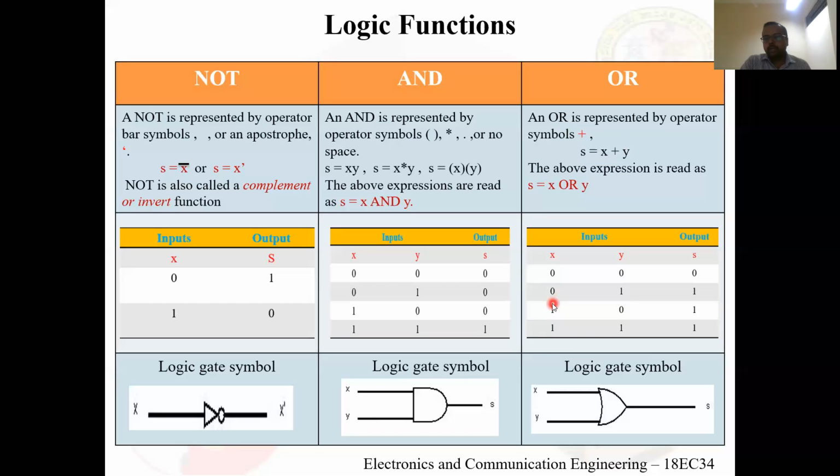As you can see from the truth table, when both the conditions are false, the output is also false, logic 0. When any one of the conditions is true, the output is equal to logic 1. And the logic gate symbol for a two-input OR is shown here with input variables X and Y and S as the output binary variable.